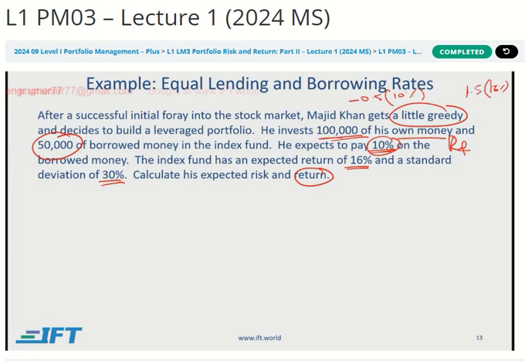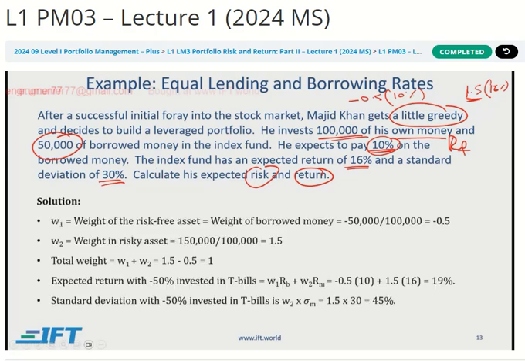So that's how you can calculate the return. And the risk, similarly, you have to weight it, give it a weighted average approach as well, with 1.5 to the risky portfolio, the market portfolio, and minus 0.5 to the risk-free, which basically has a risk of 0. So try to solve it, and then I'll show you the solution.